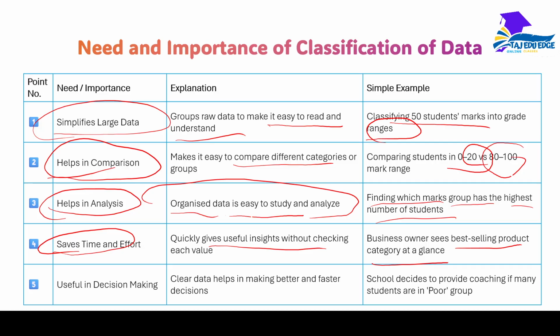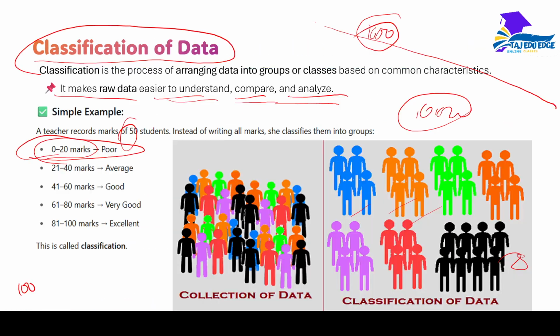Next, the last one, it is useful in decision making. Clear data helps in making better and faster decisions. Example, a school decides to provide coaching if many students are in the poor group. Let's say here a poor group is there, an average group is there.